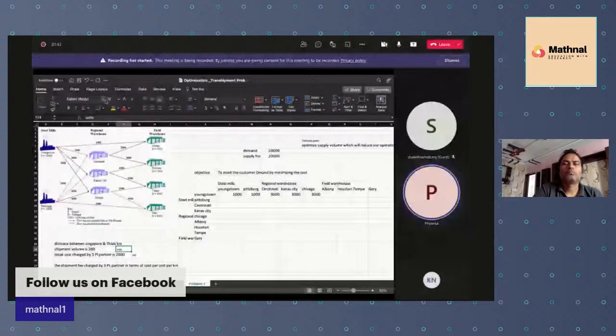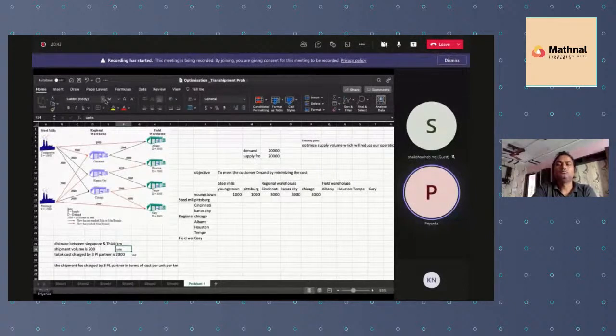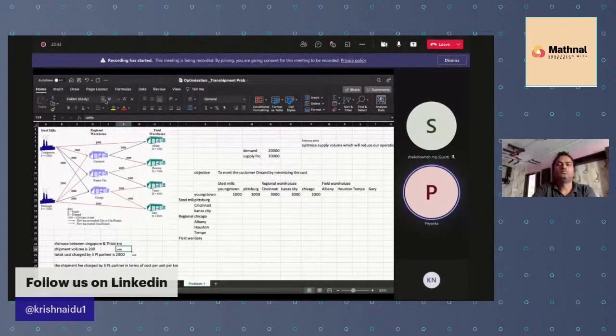Total distance shipping to Alvin. Total cost, so that is total USD. Then the shipment fee charged by the total continental transit per kilometer.